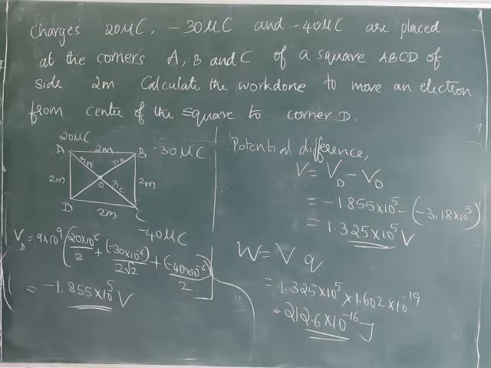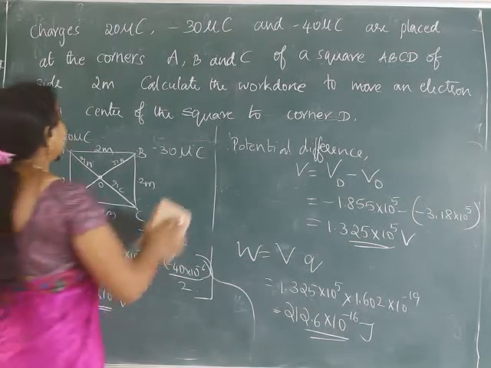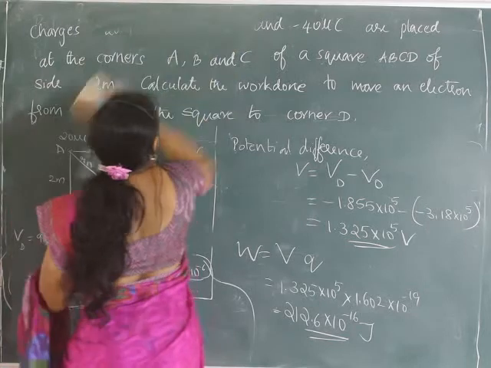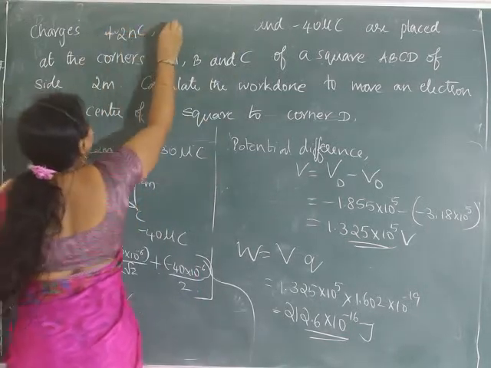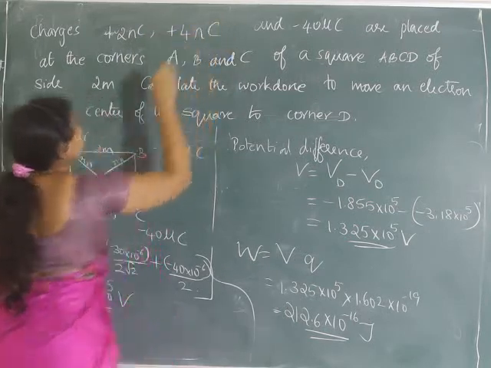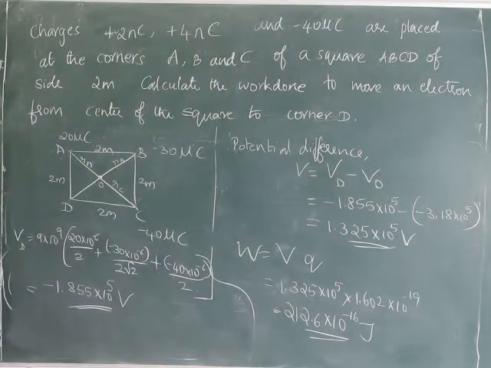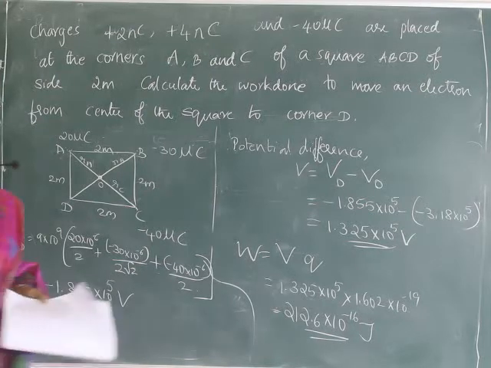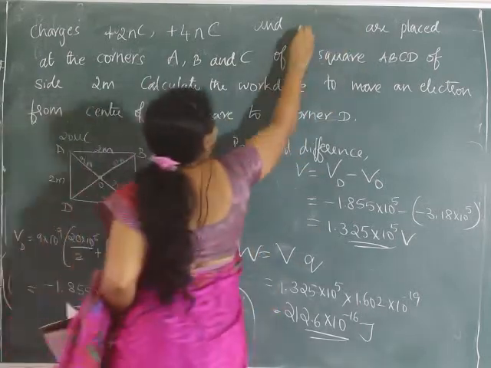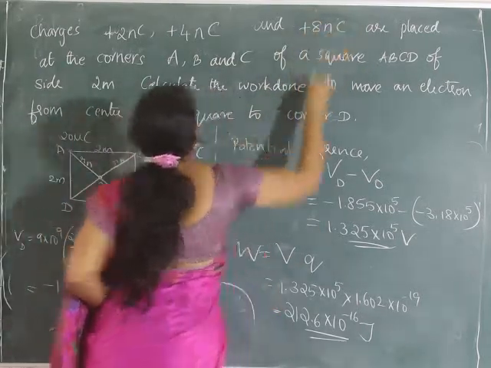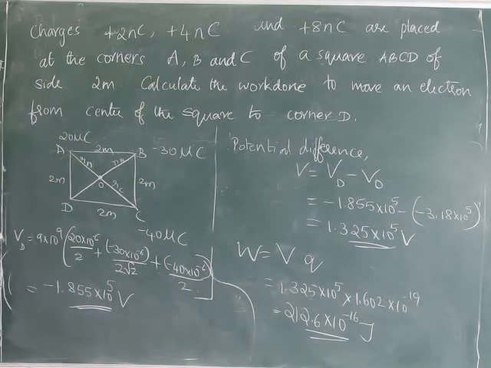Point charges plus 2 nanocoulomb, plus 4 nanocoulomb, plus 8 nanocoulomb are placed at the corners A, B and C of a square of side 0.2 meter.